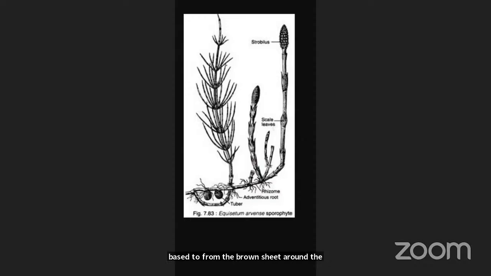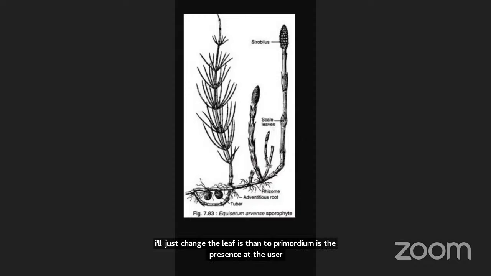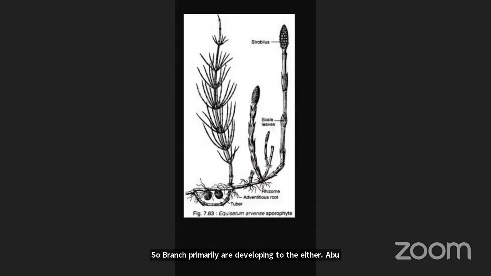Alternating with the leaf, a branch primordium is present at each node of the rhizome. The branch primordia develop into either subterranean or aerial branches, or may remain dormant over a long period.